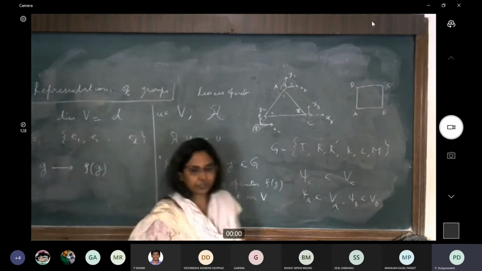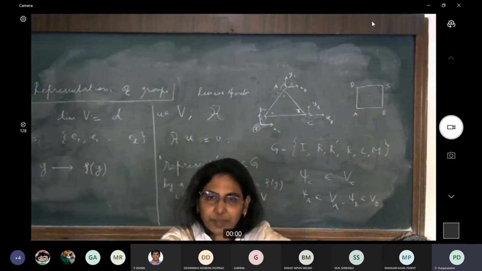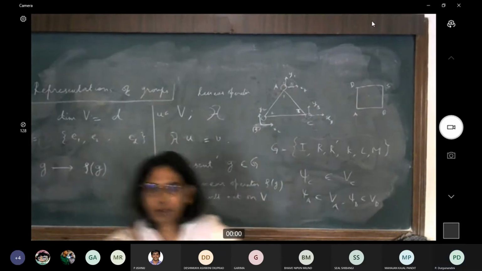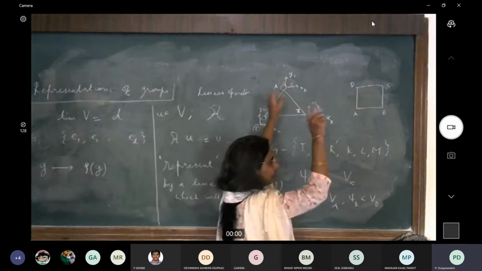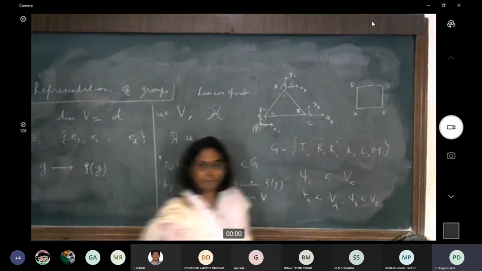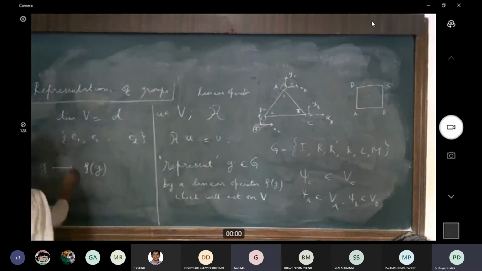But what kind of a mapping should this be? Can it be any kind of arbitrary mapping? Because I want to keep the notion of the group properties here. It should be a one-to-one mapping. More generally, it should be a homomorphism.